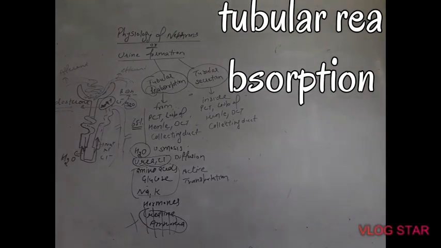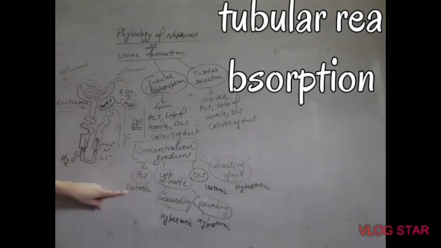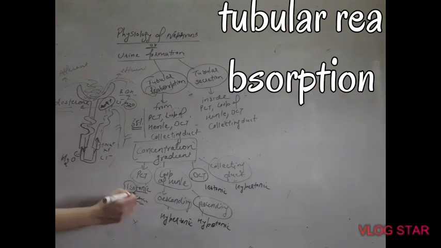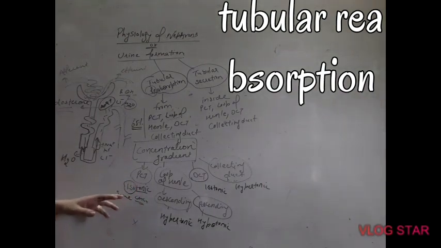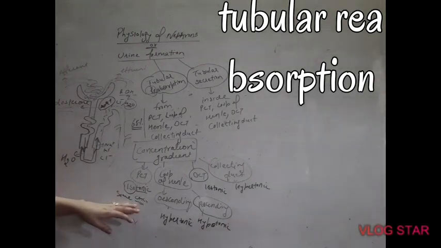So inside the PCT, it is considered isotonic, where iso stands for same and ton stands for concentration. So isotonic means same concentration. The concentration of glomerular filtrate is the same as that of blood plasma.